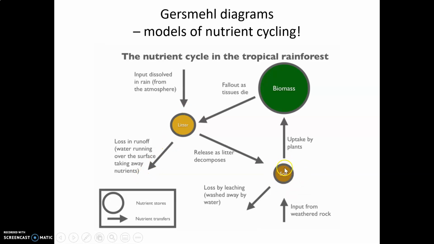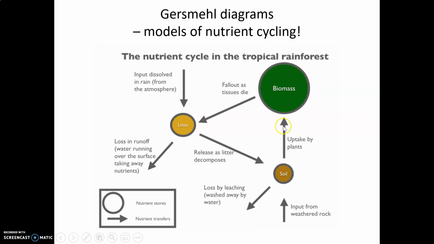And down here in the soil, we could get an input from weathering rocks. And we could also lose some of the inorganic nutrients due to leaching, so they would be washed away by the water.